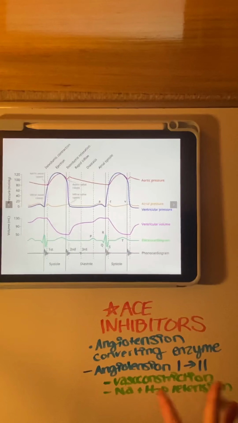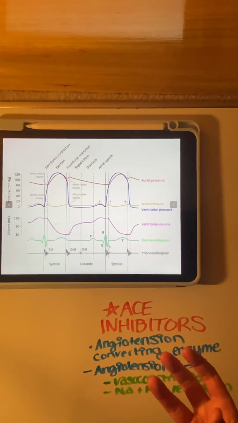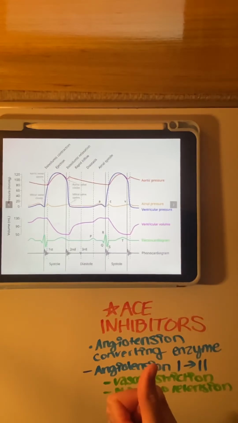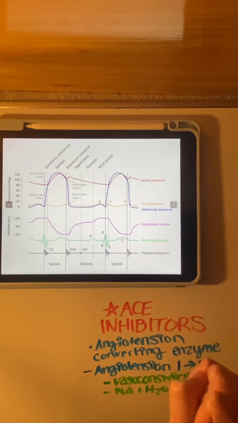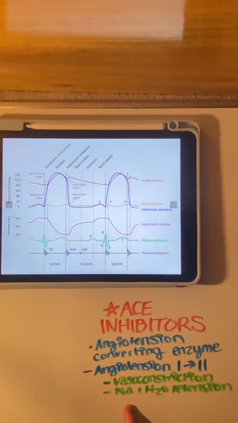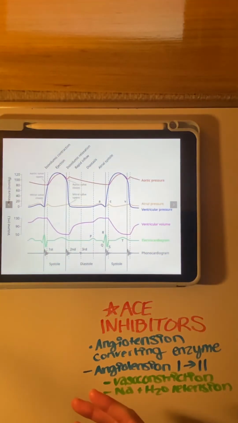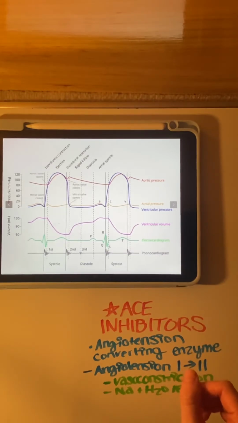Angiotensin 2 would be very good for somebody who has low blood pressure, because we're going to be increasing the blood pressure, one, by decreasing lumen size. We're going to be vasoconstricting, so that's going to increase blood pressure, and two, if we are retaining sodium and water, that's going to increase our blood volume. So angiotensin 2, good for people with low blood pressure.